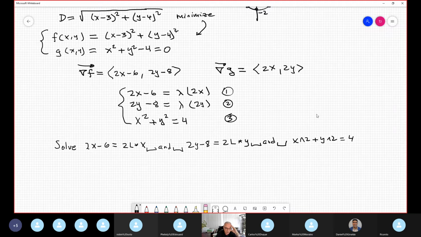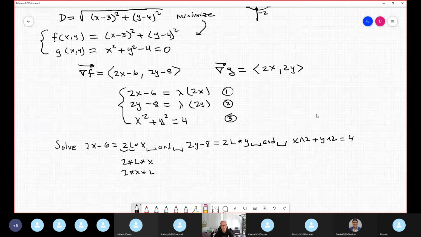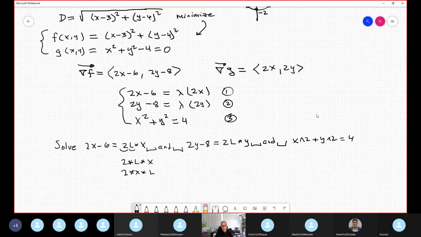Suppose some student does a different order. You put 2 times L times x or 2 times x times L. It's the same, right? The important thing is you have the number. Wolfram Alpha, the calculator, also the graphing calculator, or another, all work.